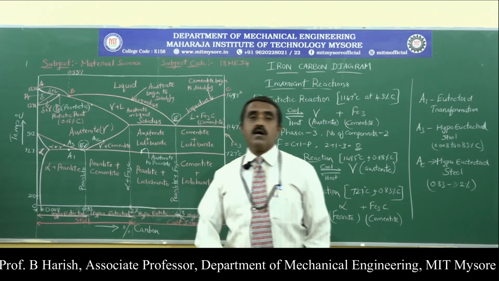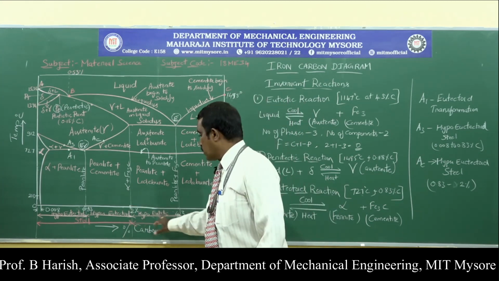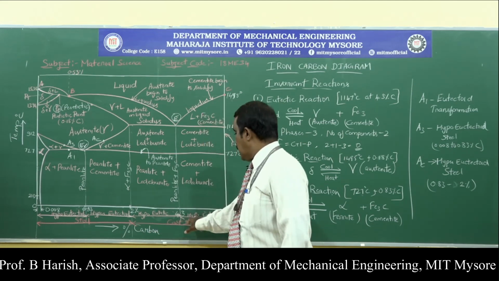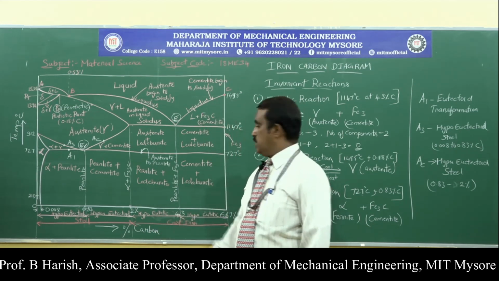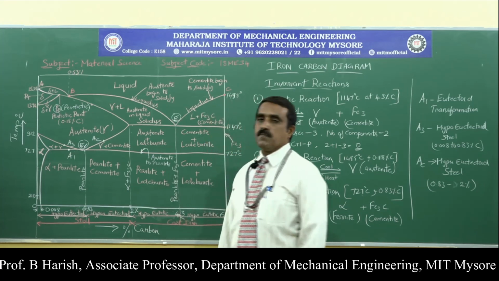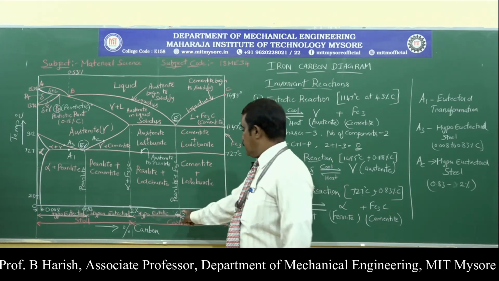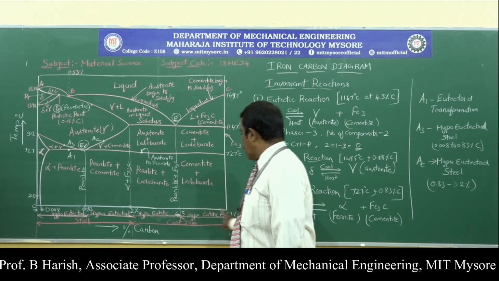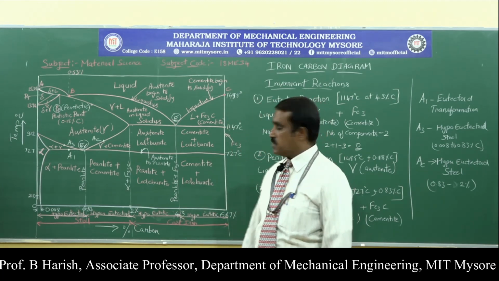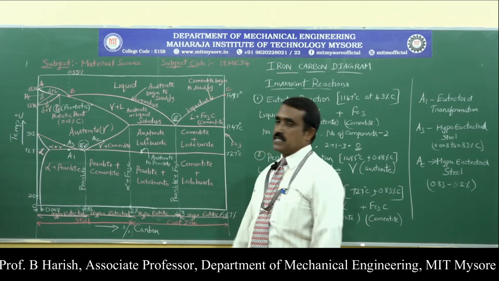In this, once again we can have two types: hypo-eutectic cast iron, from 2 to 4.3%, and hyper-eutectic cast iron, from 4.3 to 6.67%.